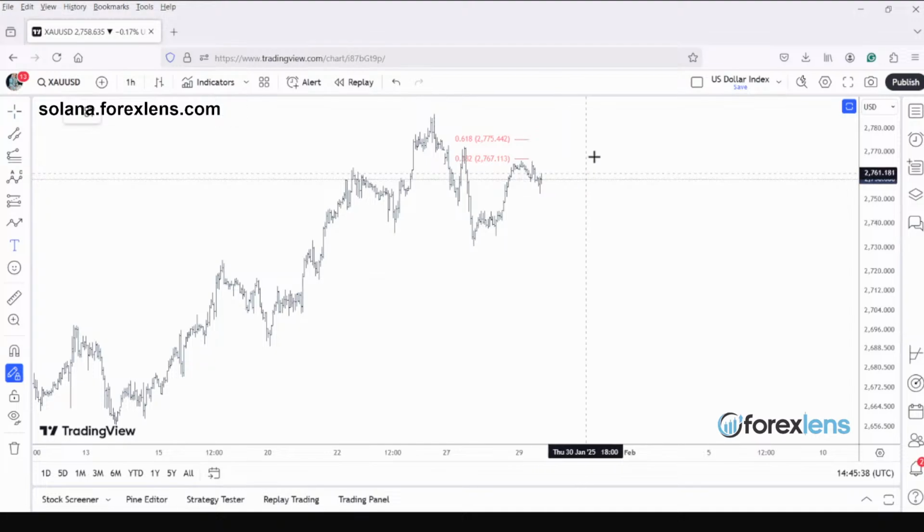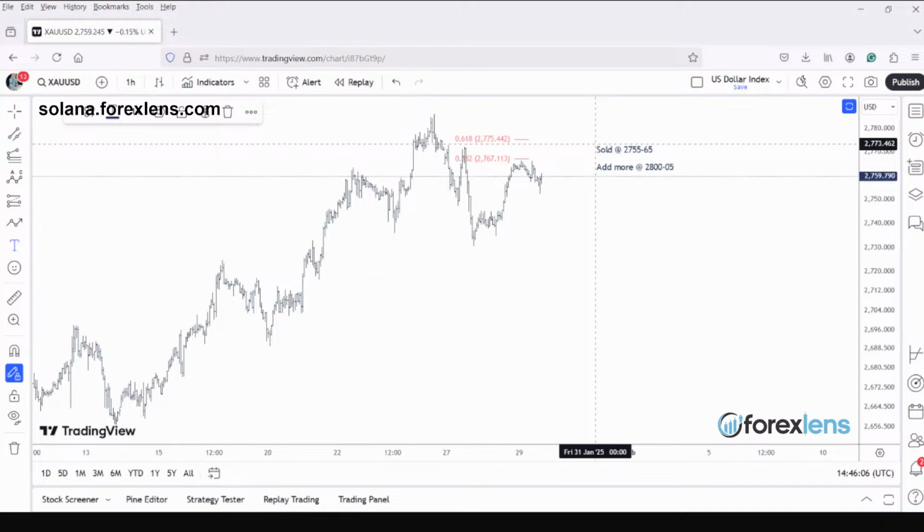What I would suggest is, the actual short positions which we are holding for gold, I mean, we have already sold around the 2755, 2765 zone, correct? We look to add more around the 2800 zone, only if the risk management permits, you should be doing this.